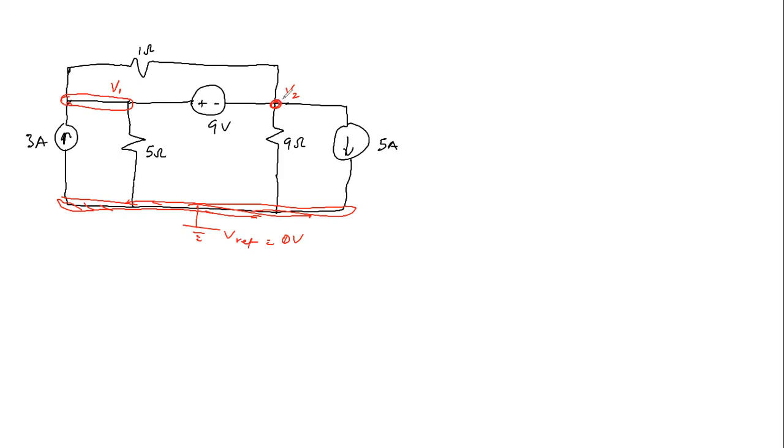So we can treat this as a super node. Then we already know the current flowing into the node, and we know the current flowing out, say I1. This current is also flowing out, which is 5 ohm, and then this is flowing out, which is I2. So the first thing to do is to write KCL at this node.